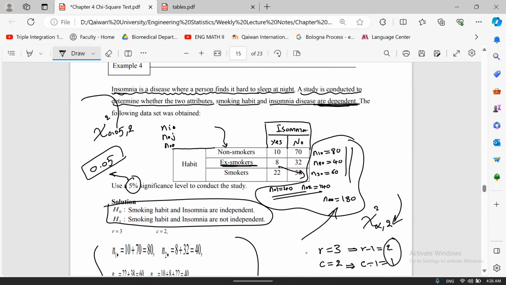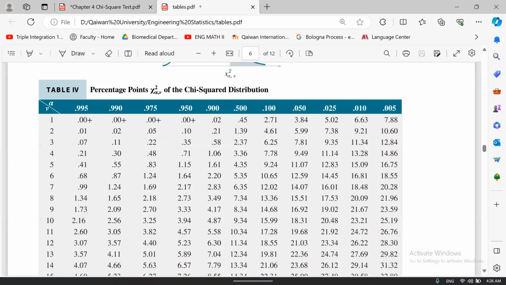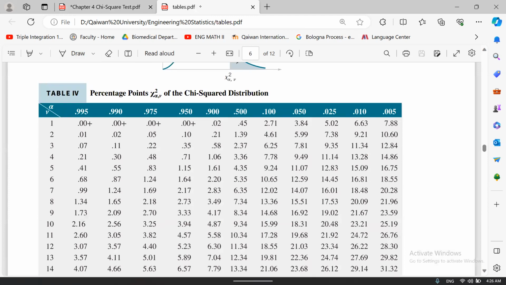And this 0.05 is the value of alpha, which is the significance level. It's always given in the example. Now we look for chi-squared of 0.05 and 2.